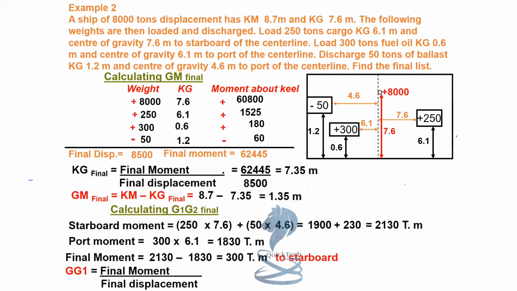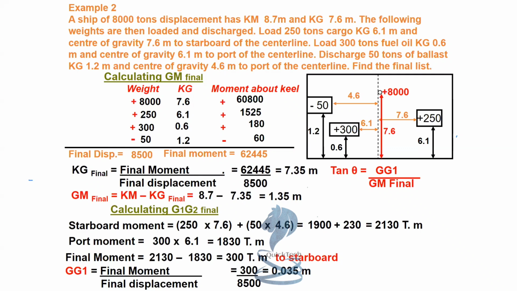Hence GG1 is equal to final moment by final displacement. Final moment 300 tons divided by final displacement 8500 is equal to 0.035 meters. So now we are required to find the final list, and the formula for that is tan theta is equal to GG1 divided by GM final.